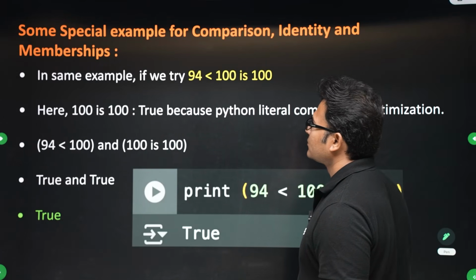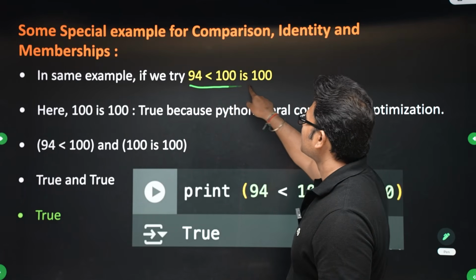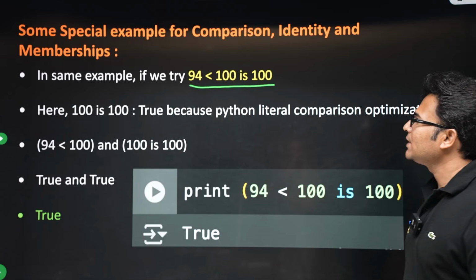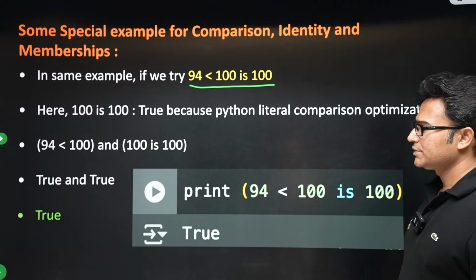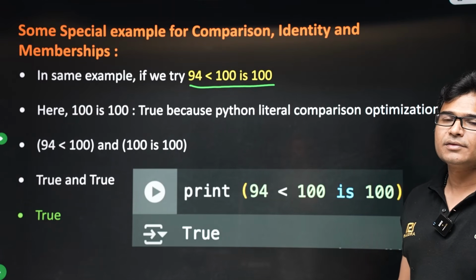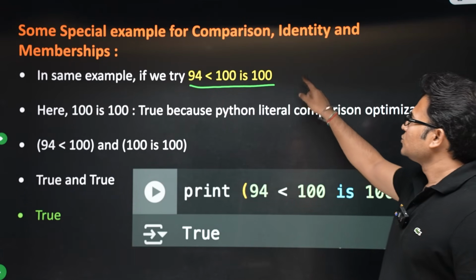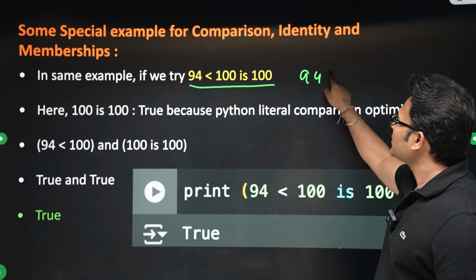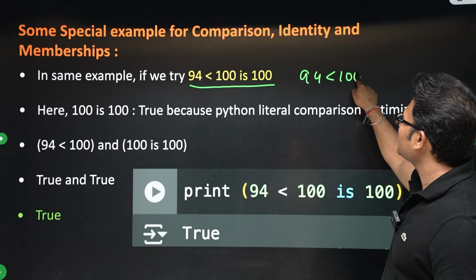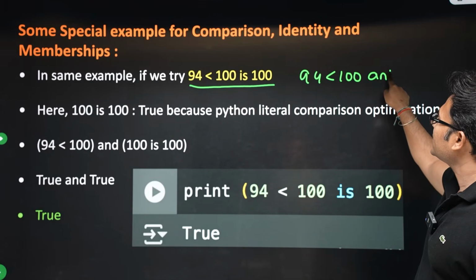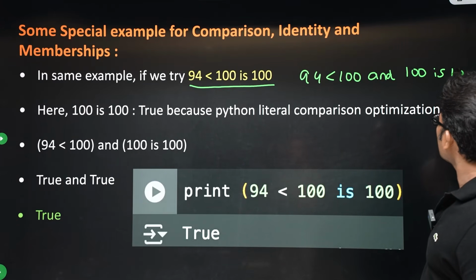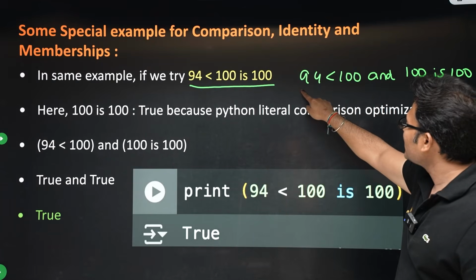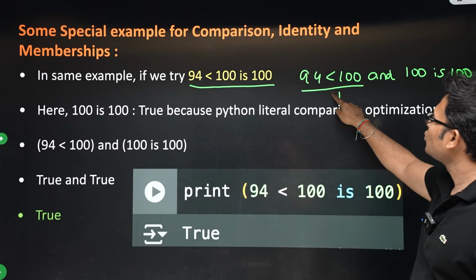Now here chaining is applied. 94 is less than 100. Chaining is applied, right? So yes, 94 is less than 100, and what is chaining? 100 is 100. So 94 is definitely less than 100, true.